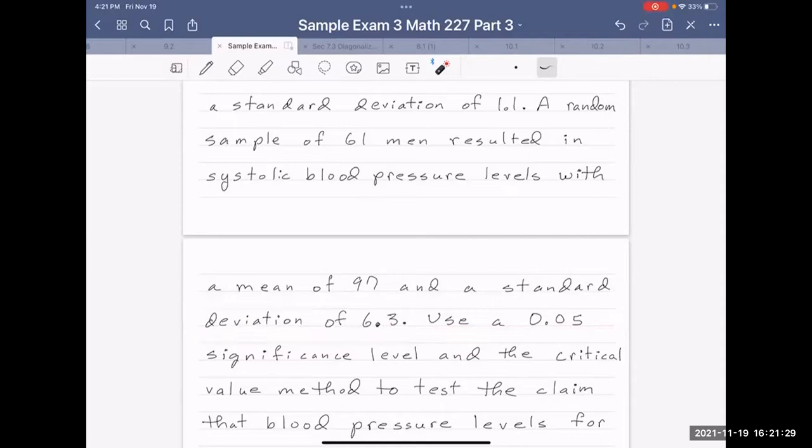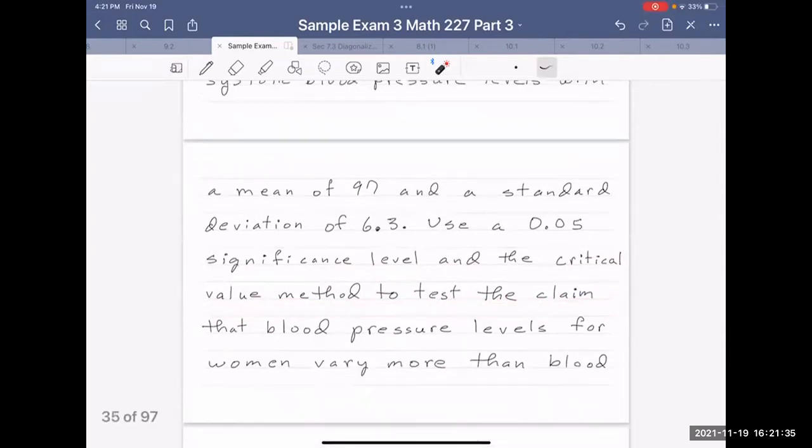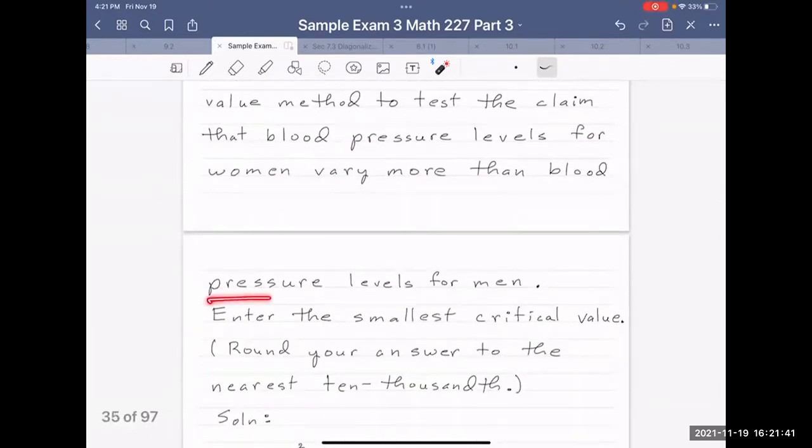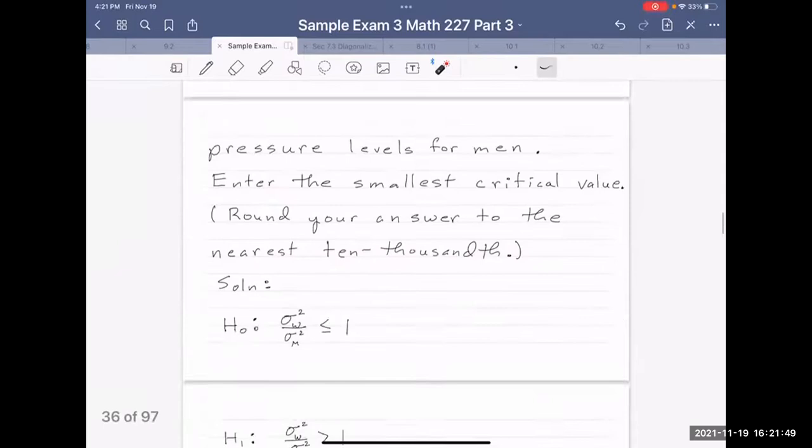Use a 0.05 significance level and the critical value method to test the claim that the blood pressure levels for women vary more than blood pressure levels for men, obviously not. Enter the smallest critical value, rounded to the nearest ten thousandth.